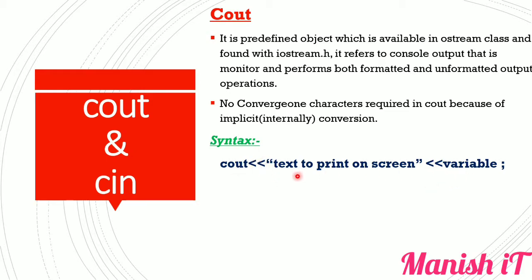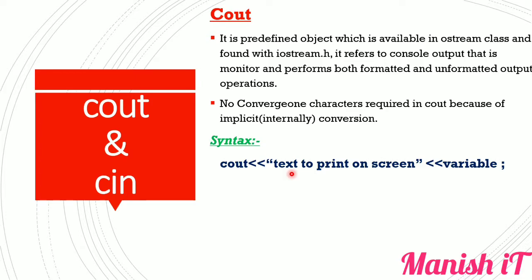This less than symbol is nothing but the insertion operator, and you can also call it the put to operator, and also the output operator, and also it is called the overloaded left shift operator.